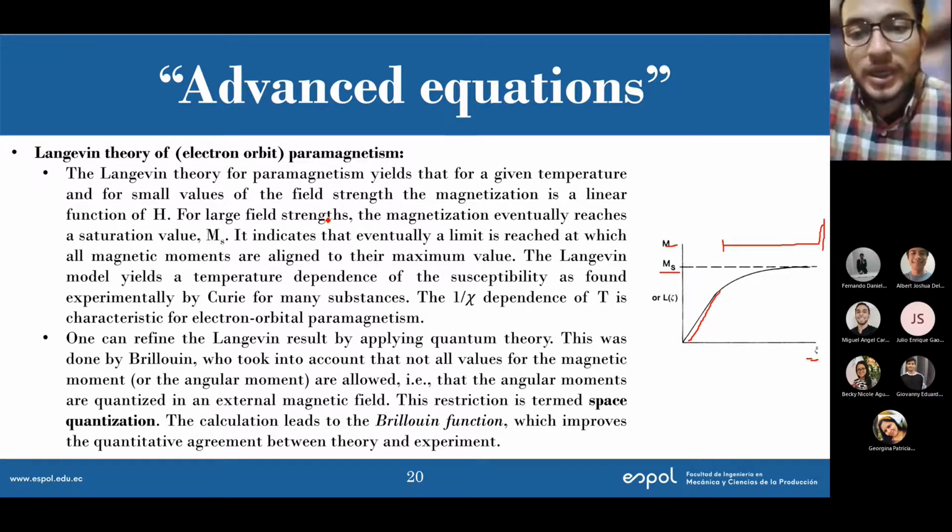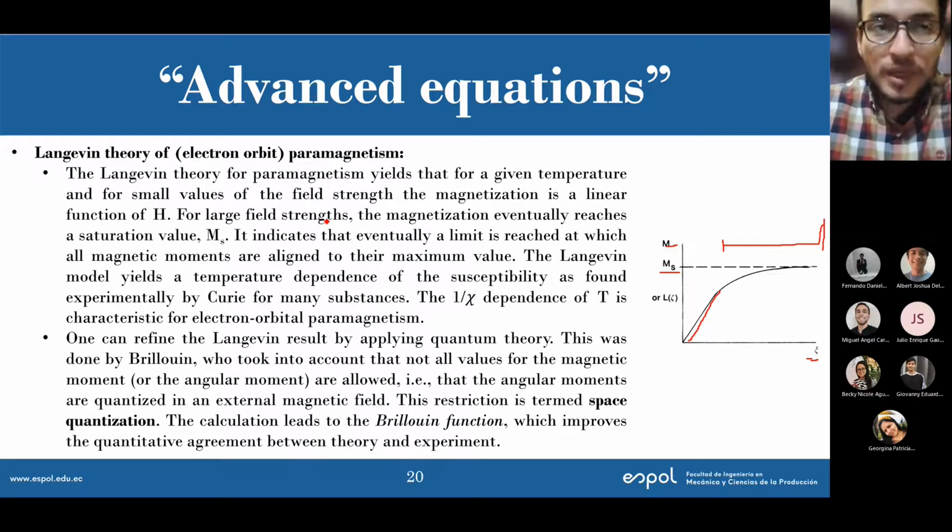Now, we can even go deeper and use more quantum theory and refine this theory even further. And Brillouin, remember the Brillouin zones? He used quantum mechanics and refined it with more quantum mechanics concepts.